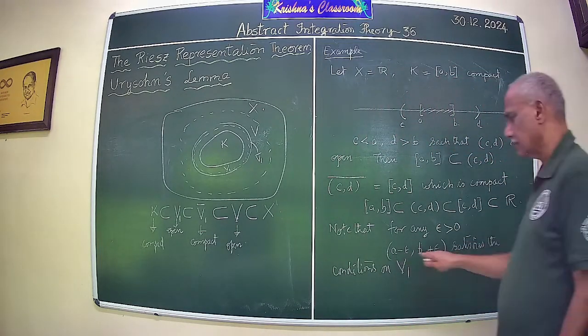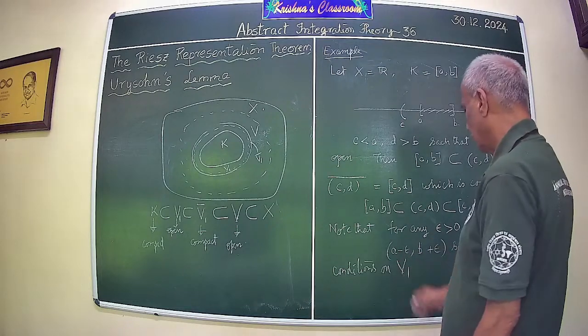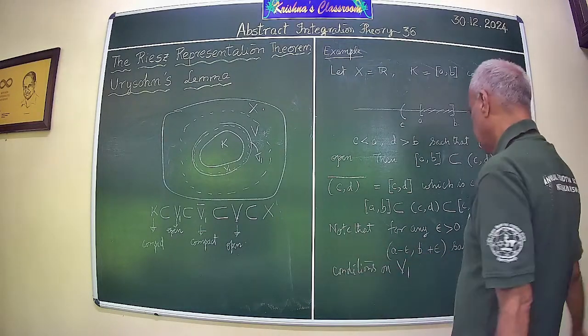This is an open set. And if you take the closure, what is the closure? The closure is [A minus epsilon, B plus epsilon].